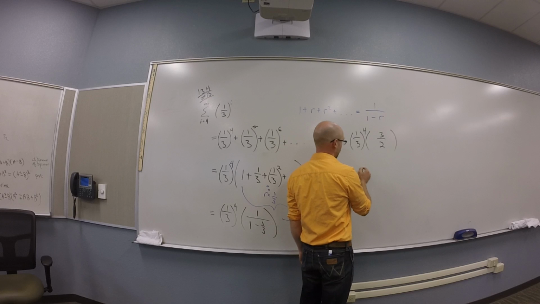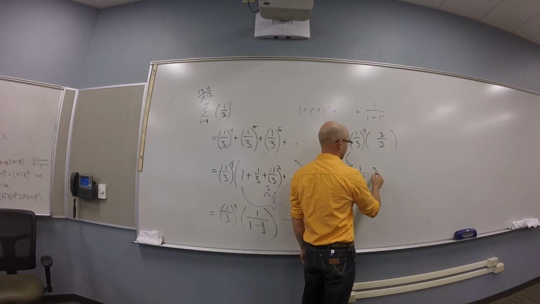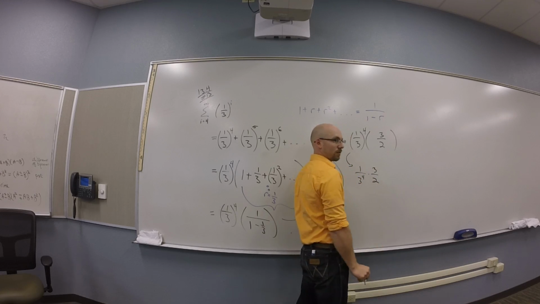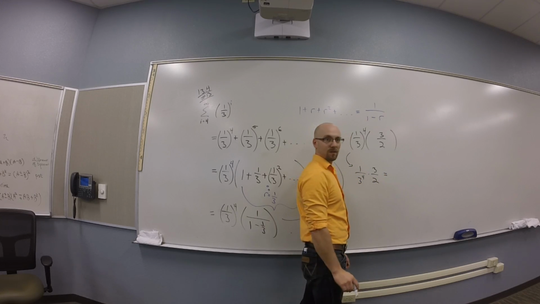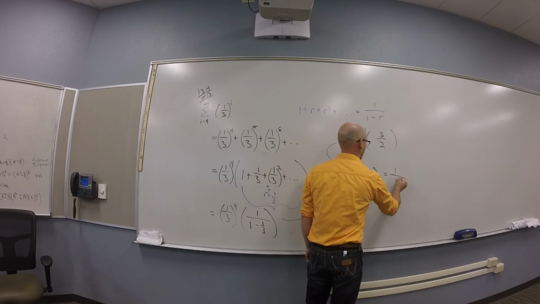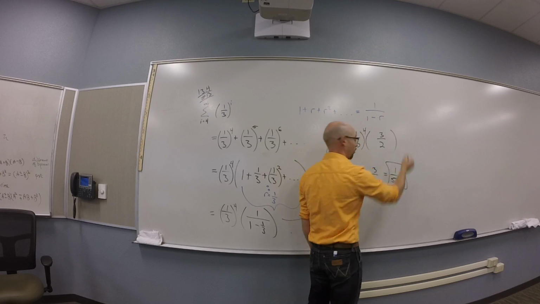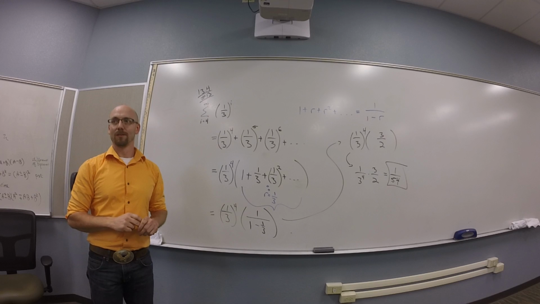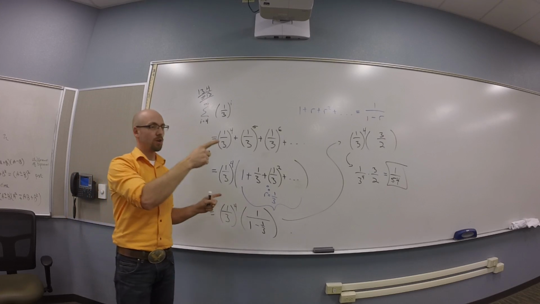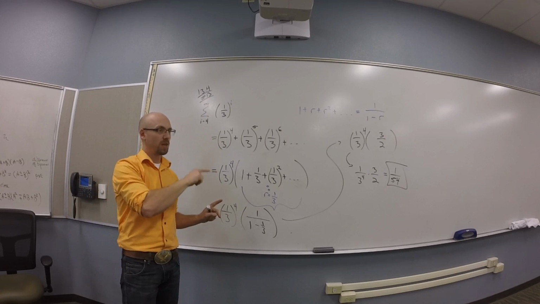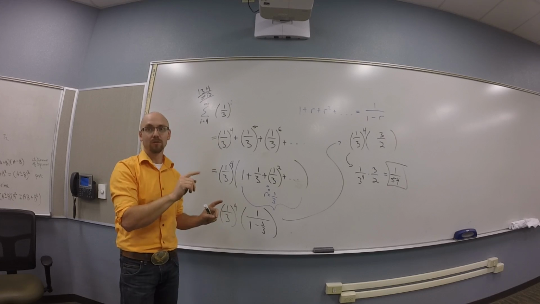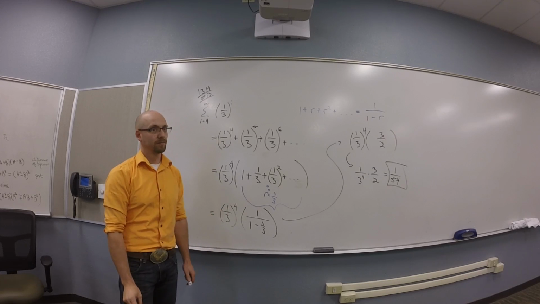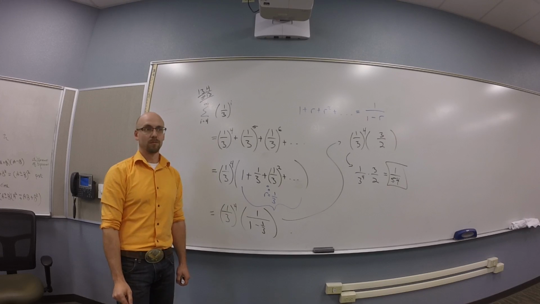And so you could notice that that's 1 over 3 to the 4th times 3 over 2, which is 1 over 54. Yeah, so you can cancel a 3 and get 1 over 27 times 1 over 2. 27 times 2 is 54. Checked out. Cool? Questions, Steele?